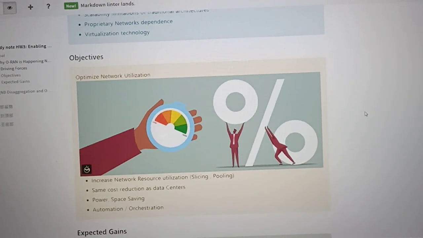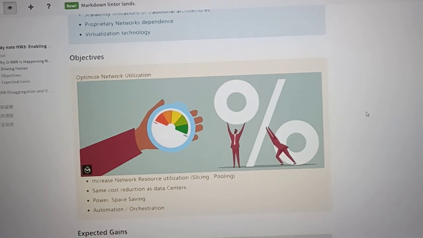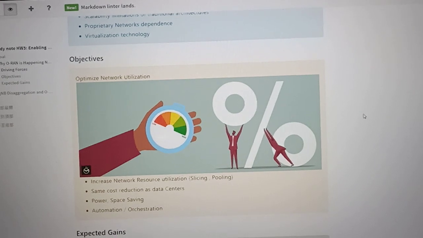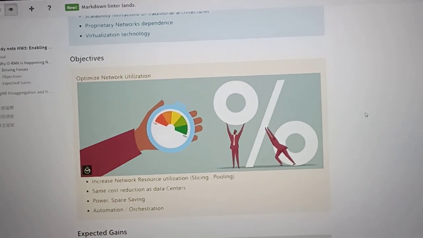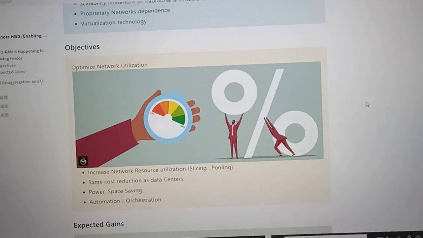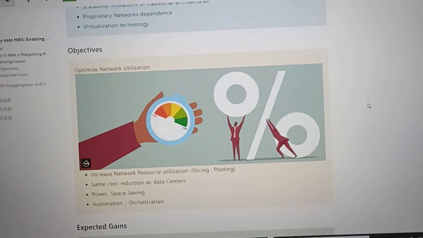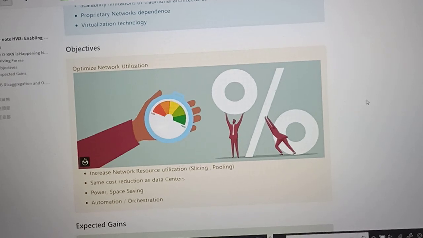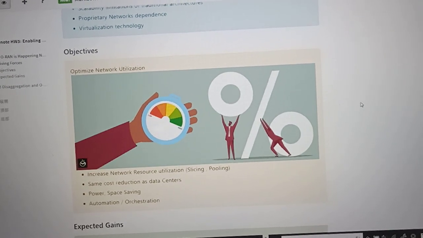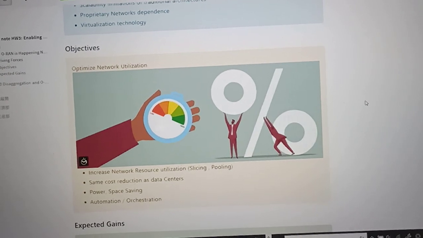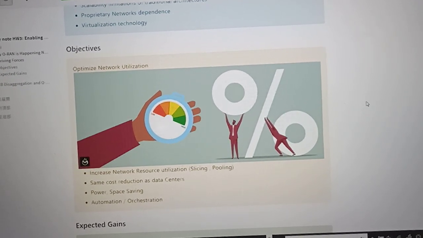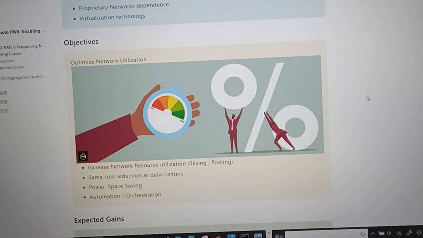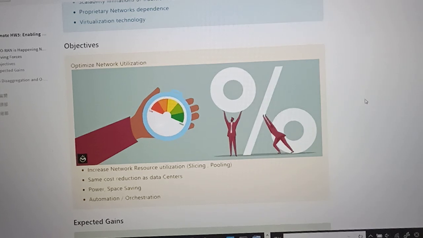And for O-RAN, you have some objectives to optimize the network utilization. First is to increase network resource utilization, like slicing, pooling, and then centralizing resources as data centers, and saving power and space.